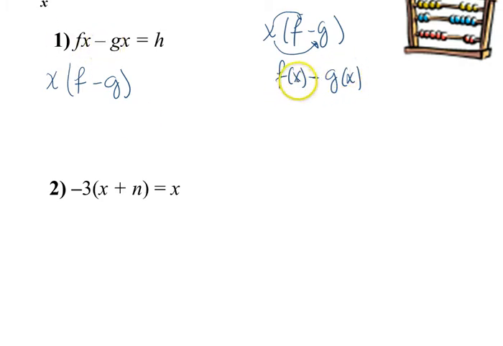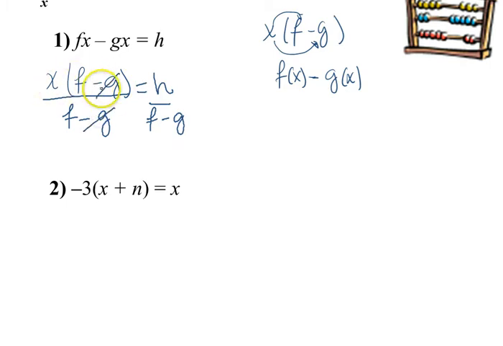Because we don't want to have too many x's, since the whole purpose is to have one x equal to something, we have to undo the distribution. So here we have to factor out the x, and here we end up with h. Now this is saying x times the quantity of f minus g. So since I'm multiplying x by f minus g, I have to divide both sides by f minus g, so that way I can cancel these out.